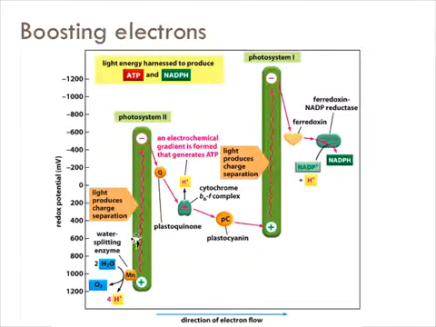We boost it to about negative 600. Then plastoquinone is below that, so plastoquinone has a higher redox potential than here. Similarly, we keep going down through the cytochrome B6F complex and then to plastocyanin. So we require this boost so that we can then go downhill from there.